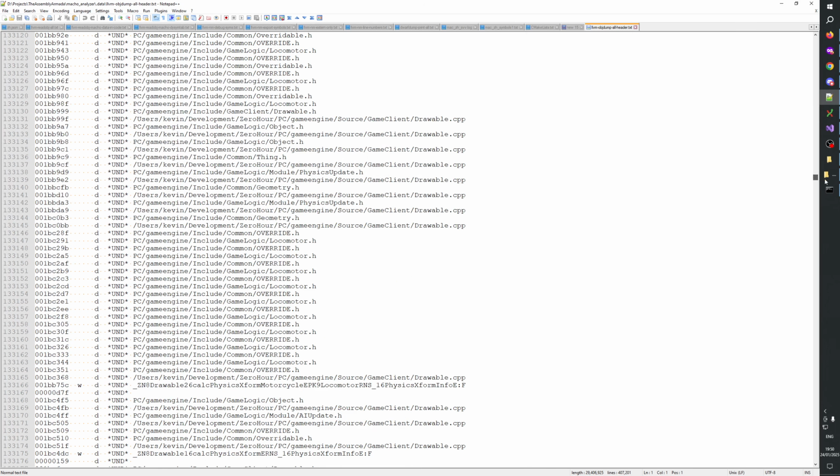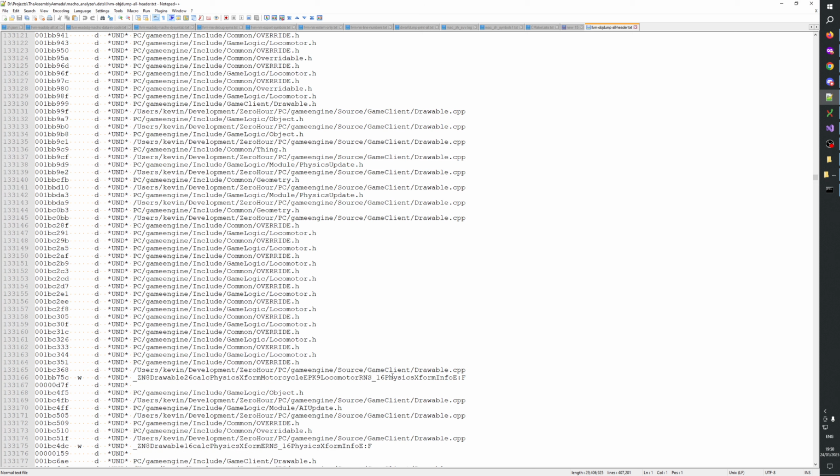This looks really interesting here, because we have a function here at the bottom, and I assume that this is contained in this CPP file, and this CPP file includes these things?